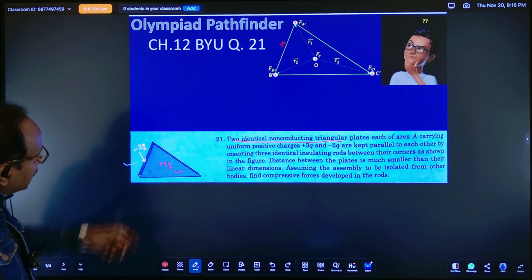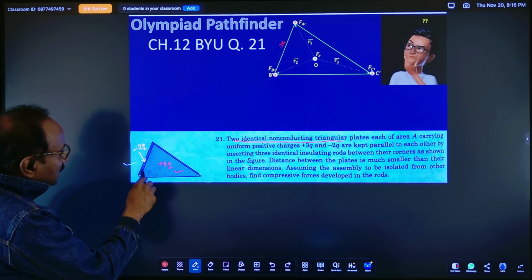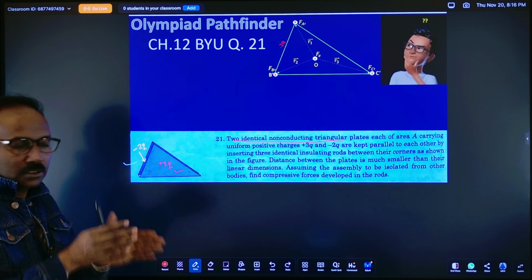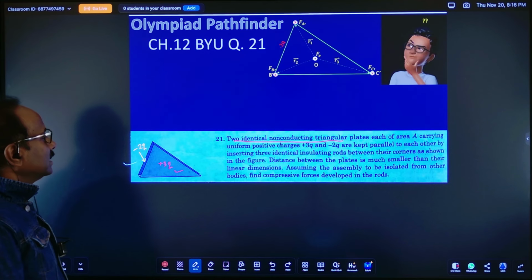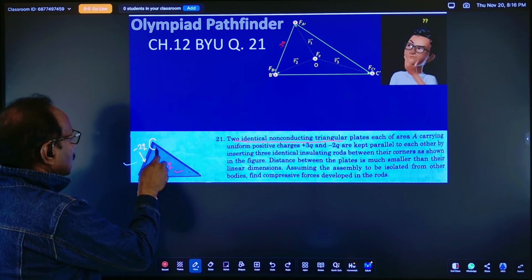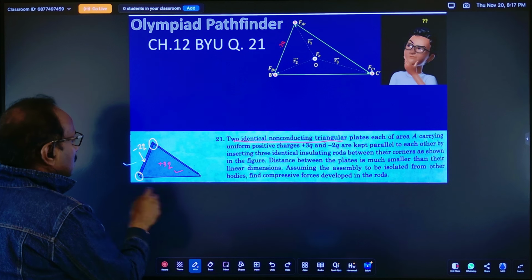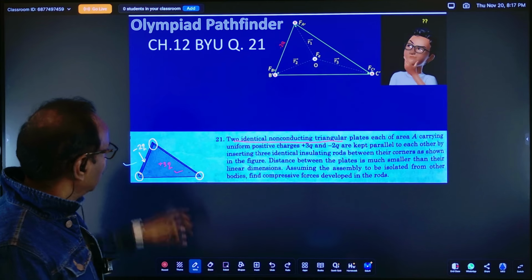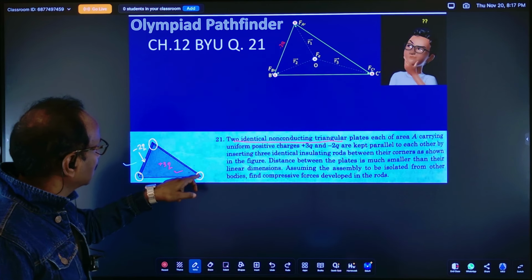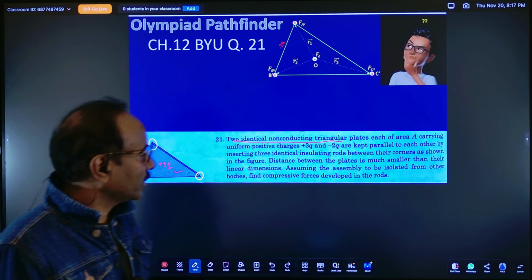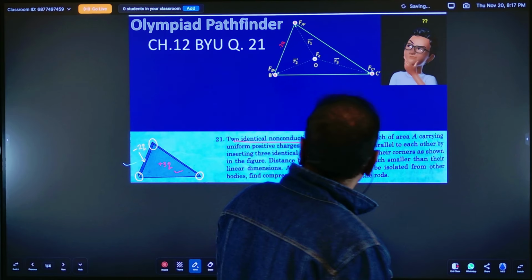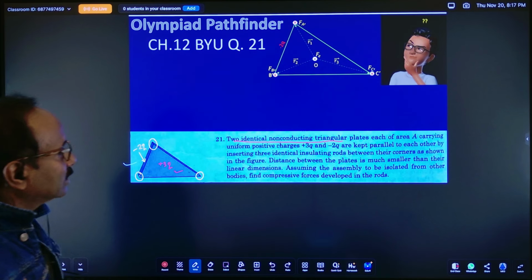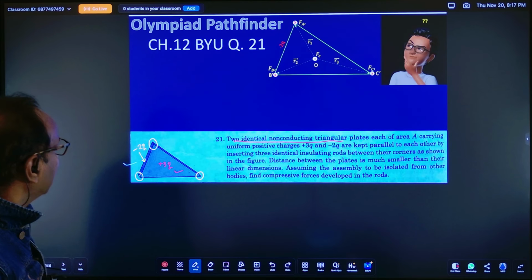These two plates are kept parallel to each other by inserting three rods at the corners of the triangle. So these are the three rods. Distance between the plates is much smaller than the linear dimensions.